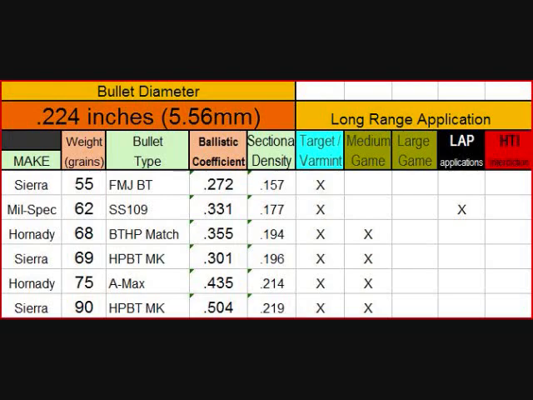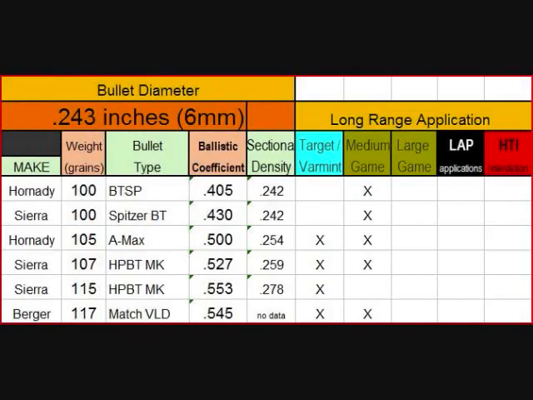Next category here, we have our 243 caliber bullets, also called in the metric 6mm. And these are our 243 projectiles. And we got some varmint bullets. Now, the Hornady 100 grain boat tail soft point on the top, the reason that did not qualify as a target varmint bullet is because there are way better choices if you're looking for accuracy.